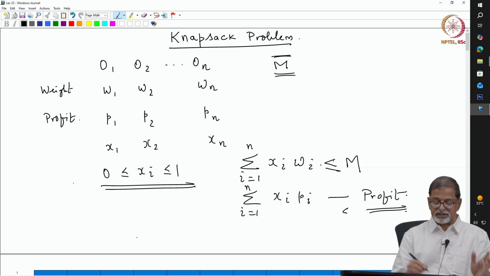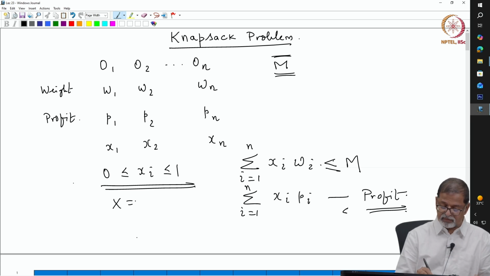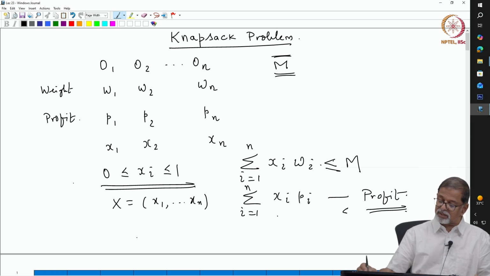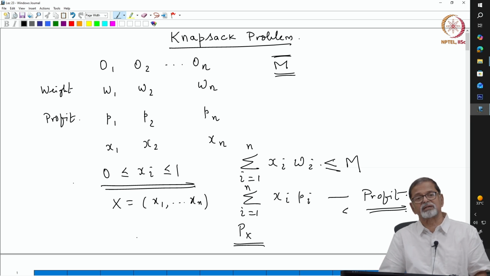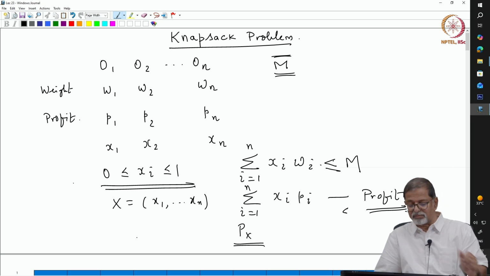X can be visualized as a vector, x is a vector x1 to xn, and you can call this profit P of x. The profit for an x vector is given by this expression. P of x is sigma i going from 1 to n of xi pi.